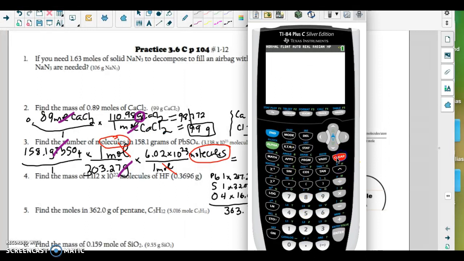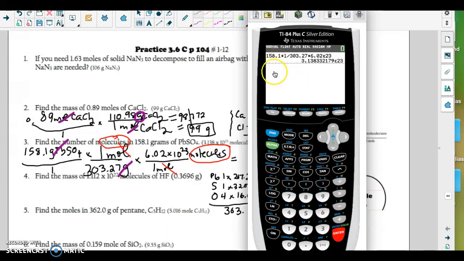So I'm going to clear it, and I'm going to put in that 158.1 times 1, that's this one, divided by 303.27. So I multiply, divide, enter. Now I'm going to put in Avogadro. I'm going to use my EE button. See it right there? And then I just hit enter.